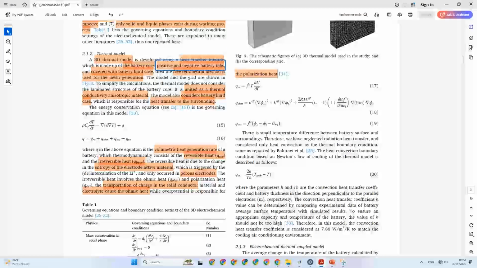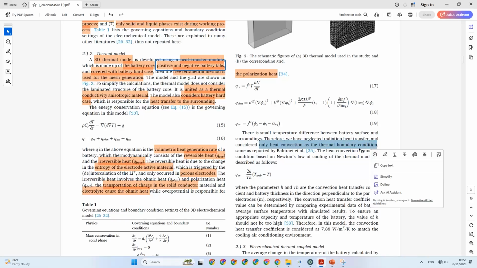There is a small temperature difference between battery surface and the surrounding, therefore we have neglected radiation heat transfer and consider only heat convection as thermal boundary condition. Okay, as reported by Bahiroy et al., the heat convection boundary condition is based on Newton's law of cooling of thermal model.